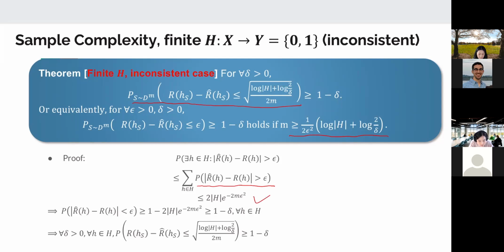So now, once you have that, you want to characterize the probability of the gap being smaller than epsilon, because greater than epsilon is upper bounded by e to the power of minus 2m epsilon squared.